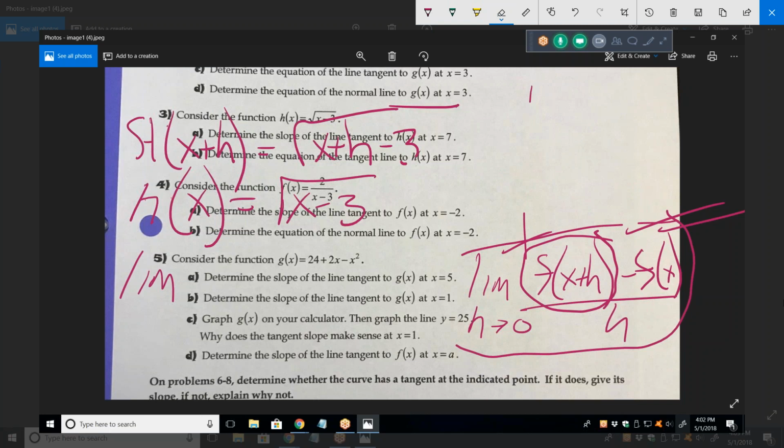You know what we're doing. So what I'm going to do is the limit of square root of x plus h minus 3 minus square root of x minus 3 all over h as h goes to 0.